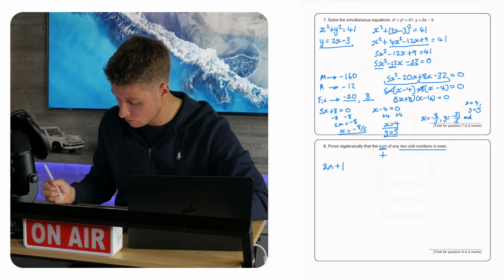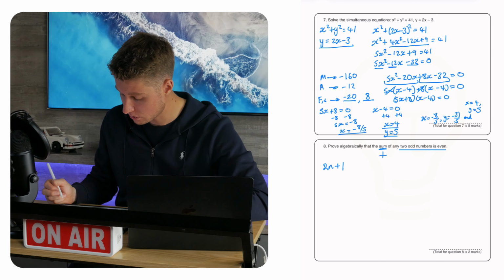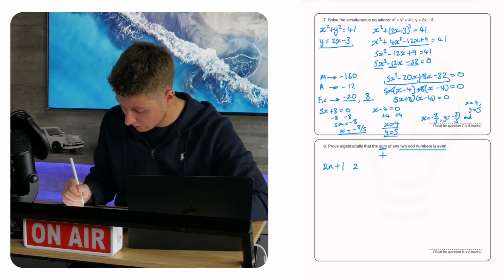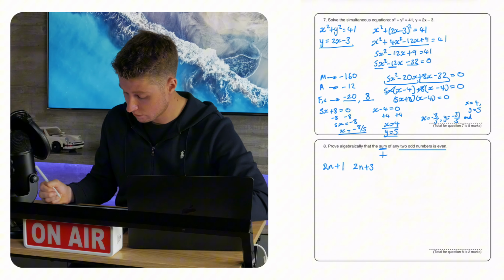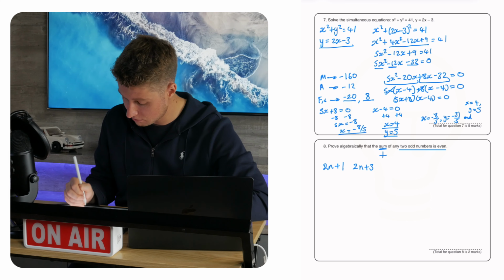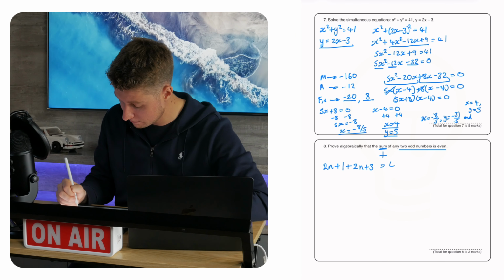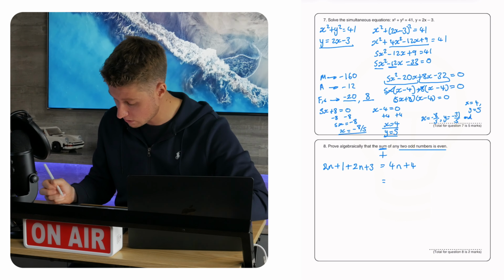So we need to pick two odd numbers. So if 2n plus 1 is odd, then that means 2n plus 3 will also be odd. Now the sum means to add these together. So 2n plus 2n is 4n, and then 1 plus 3 is equal to 4. And we need to prove that it is always even.